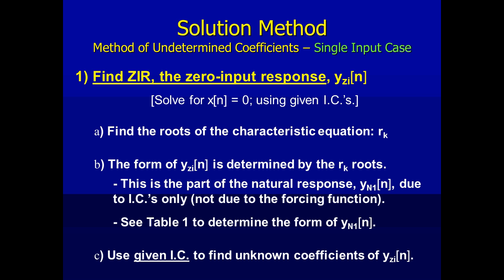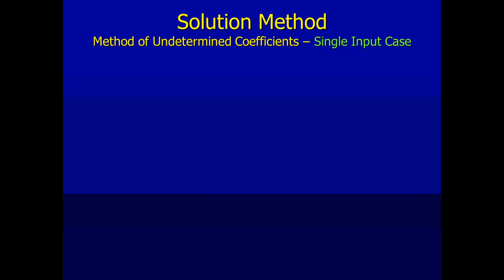Yeah. Right. Because it's negative to the n, it's going to oscillate back and forth, positive and negative. This will just invert it. So we need to keep those separated. Yep. Okay. That's how we do the zero input response.